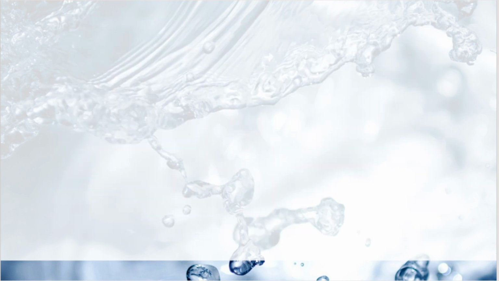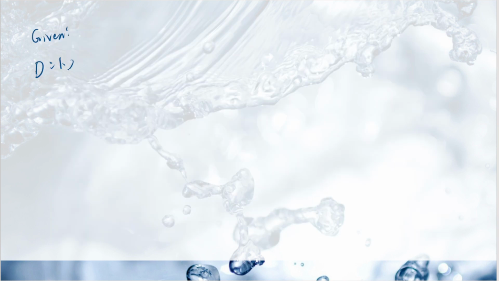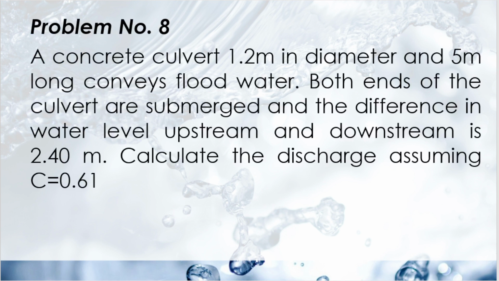Let's write first the given. We have been given the diameter of the culvert, that is 1.2 meters, so we could compute for the area. We also have the 5 meter length.